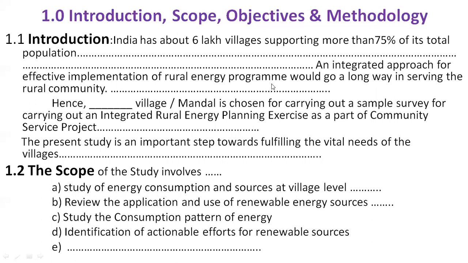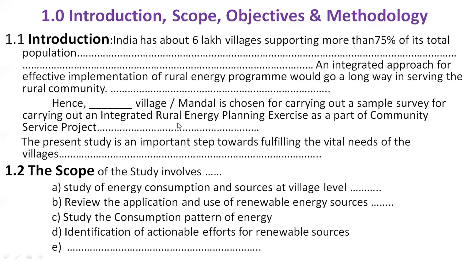And then you can write some more sentences, because the rural people have more opportunities to get non-commercial fuels at almost zero cost. The social cost of meeting their needs has been increasing over the years. So hence you can say a particular village is chosen, you can write the name here, chosen for carrying out a sample survey for carrying out an integrated rural energy planning exercise as a part of community service project.